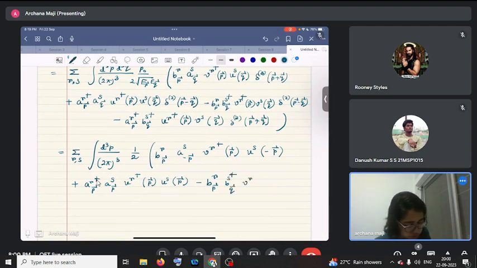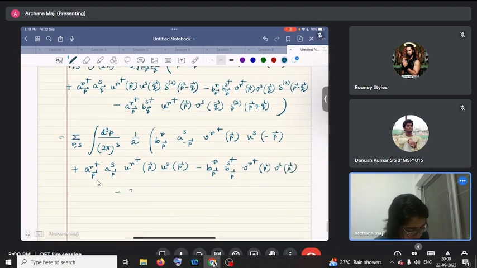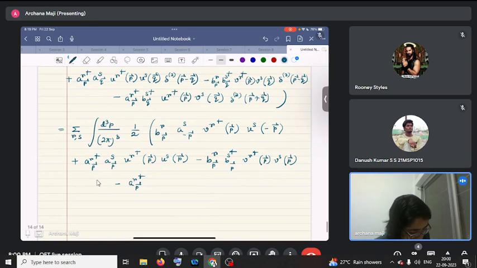We are taking the integration over q, so it will become p. Minus a_r dagger, sorry, I think I'm overshooting. I'll take another couple of minutes. b_s dagger u_r dagger p. So here q is minus p, so v is minus p. Okay, everything clear?